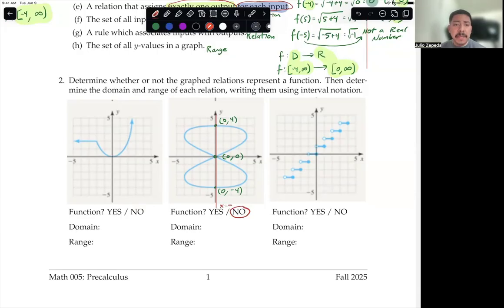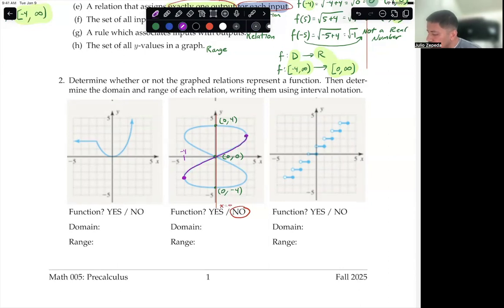Now we can still find the domain and range of this relation. The domain is just the set of all x values that appear in this graph. Let's see what x values appear. I'll choose this point here, and we're going to estimate if it's unclear at all. It looks like this function goes as far as -4 in terms of the x values, and then it has all sorts of x values as it travels through its path.